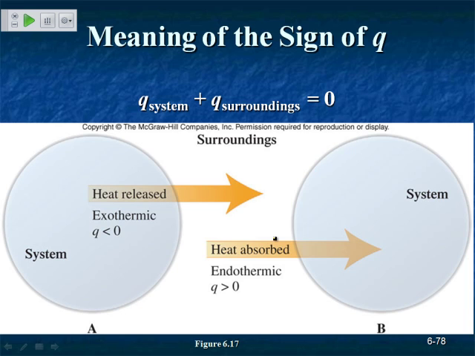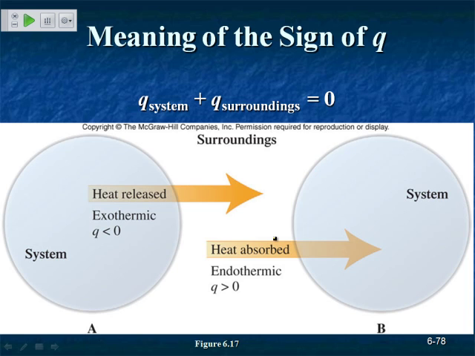So in our previous example, the water would be the system and everything else is surroundings. If Q is less than 0, what is the sign of Q? Negative. So if Q is negative, that means heat is released from the system to the surroundings.